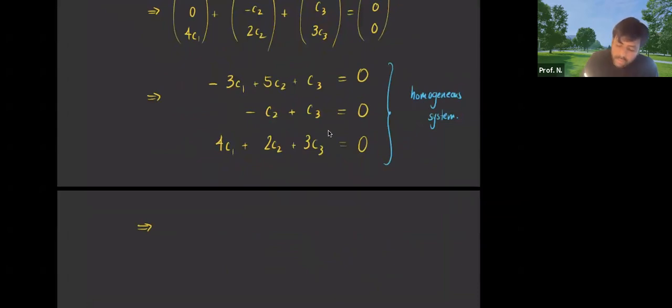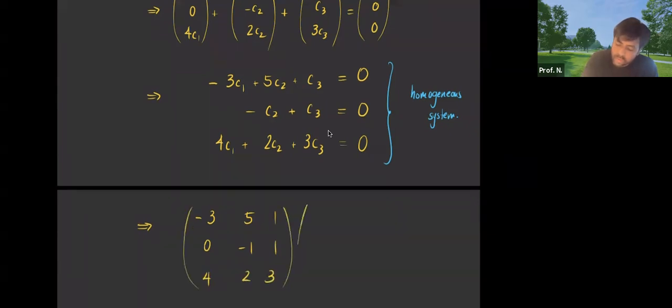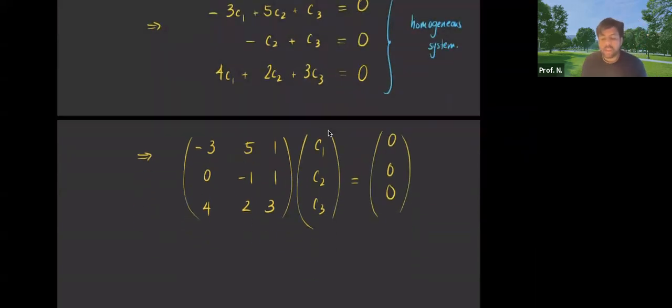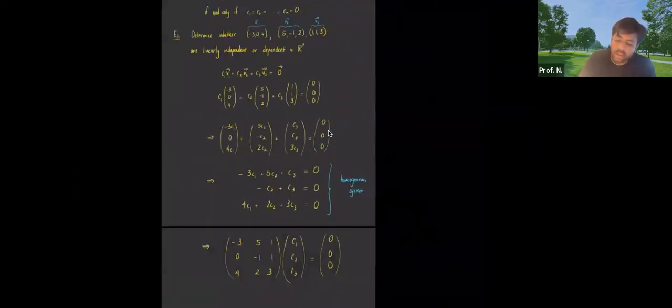And so I can create a matrix equation: the matrix with rows (-3, 5, 1), (0, -1, 1), (4, 2, 3), times the vector C1, C2, C3, equals 0, 0, 0. So now I transformed this single vector equation into a matrix equation.